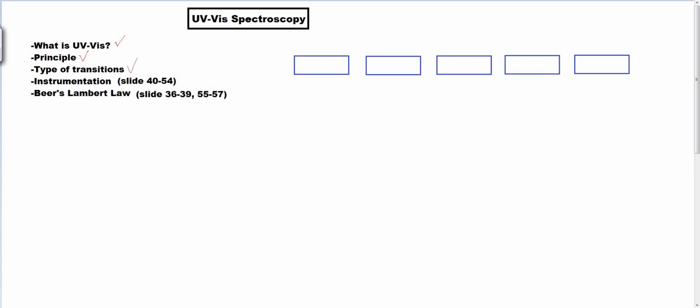So today, like I already mentioned, in this video lecture, I will try to discuss more on the instrumentation and also we call it as a one law that related to the UV spectroscopy. We call it as a Beers-Lambert law. Okay, so you can go through in the lecture note at a certain slide ataupun kita kata pages mana.